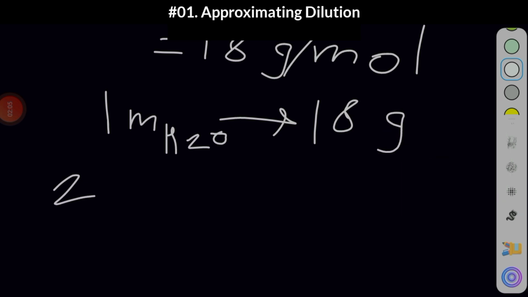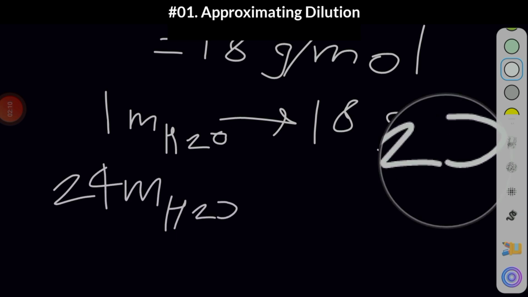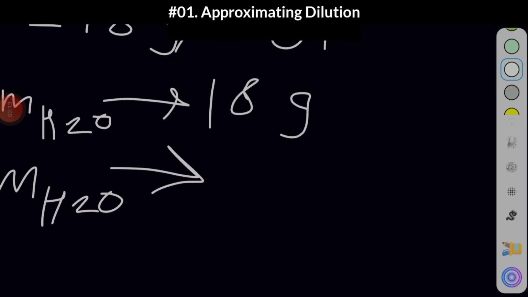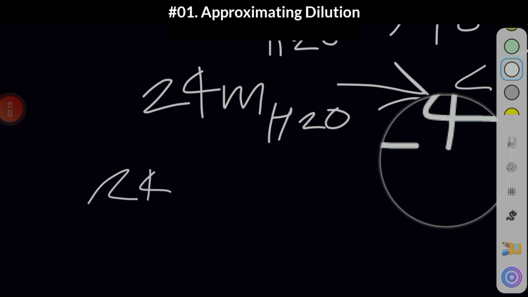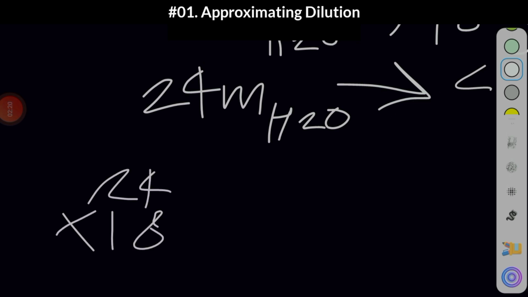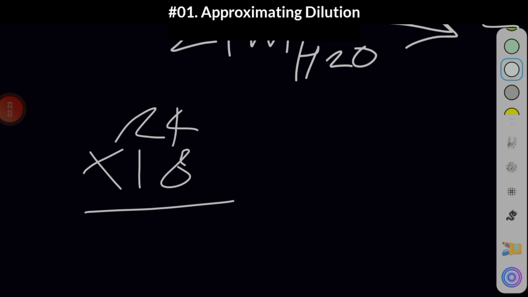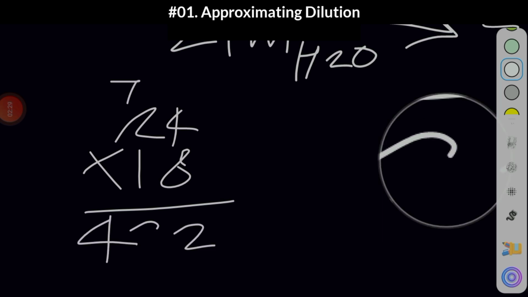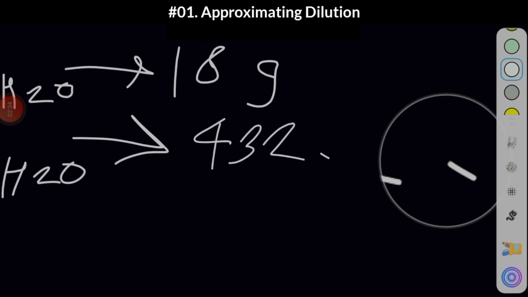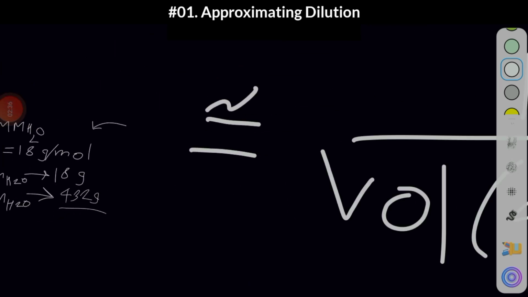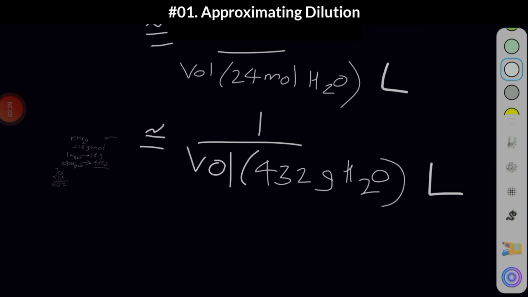We have 24 mole of water, which will correspond to 24 times 18. I can do this, but I want to show you. So 18 4s are 72, 36 plus 7 43. So in fact this is equal to 432 gram. That's why we are finding out the volume of 432 gram of H2O in liters.